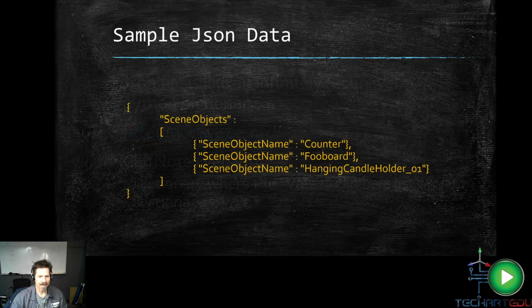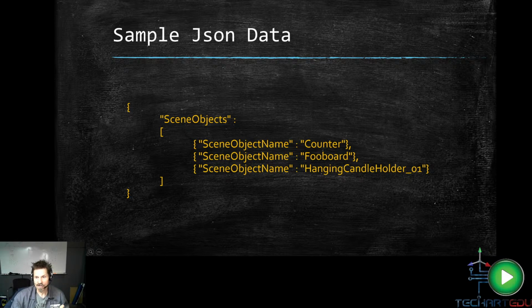So let's take a look at what a JSON file might technically look like. Just like a Python dictionary, you'll see that it starts with curly brackets. And then inside of this, you have a key. In this case, we'll call the key scene objects, followed by a colon, and then the object. Now, for this, what we're doing is we're embedding a list of other dictionaries.